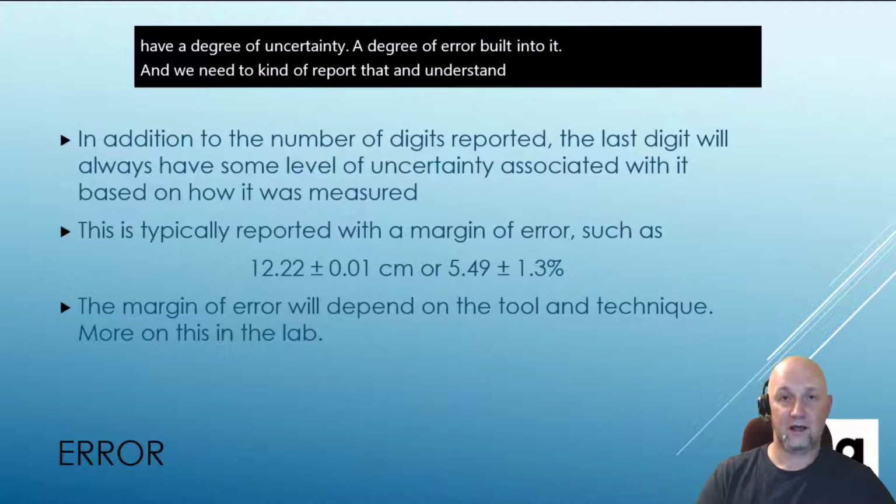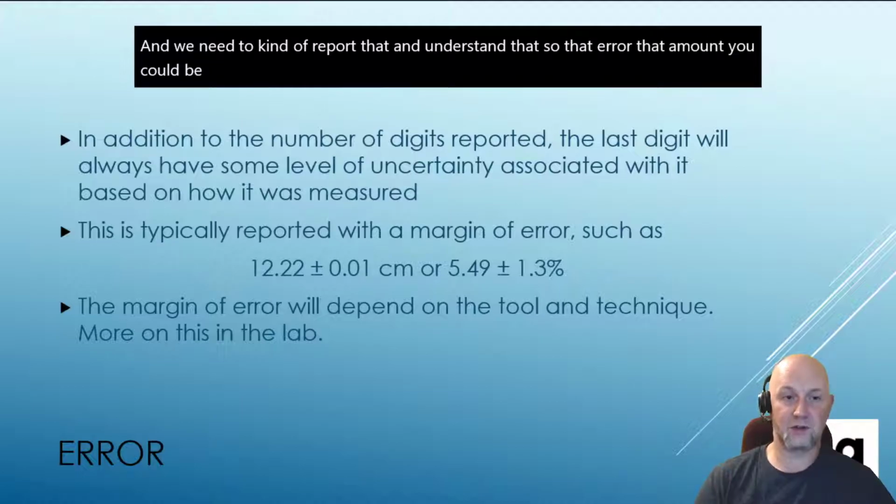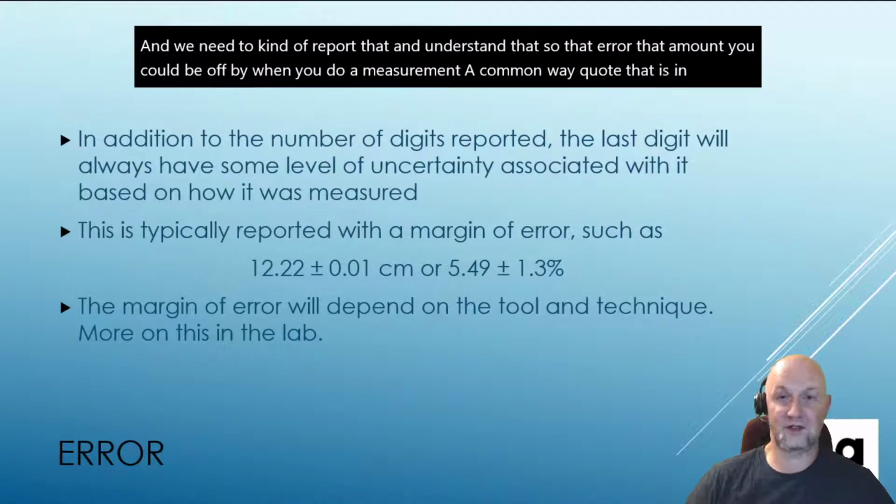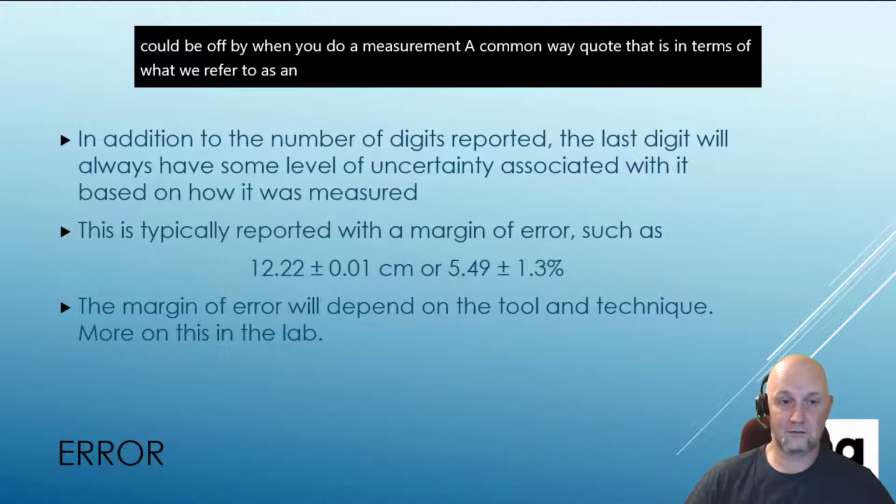So that error, that amount you could be off by when you do a measurement, a common way to quote that is in terms of what we refer to as an absolute error.